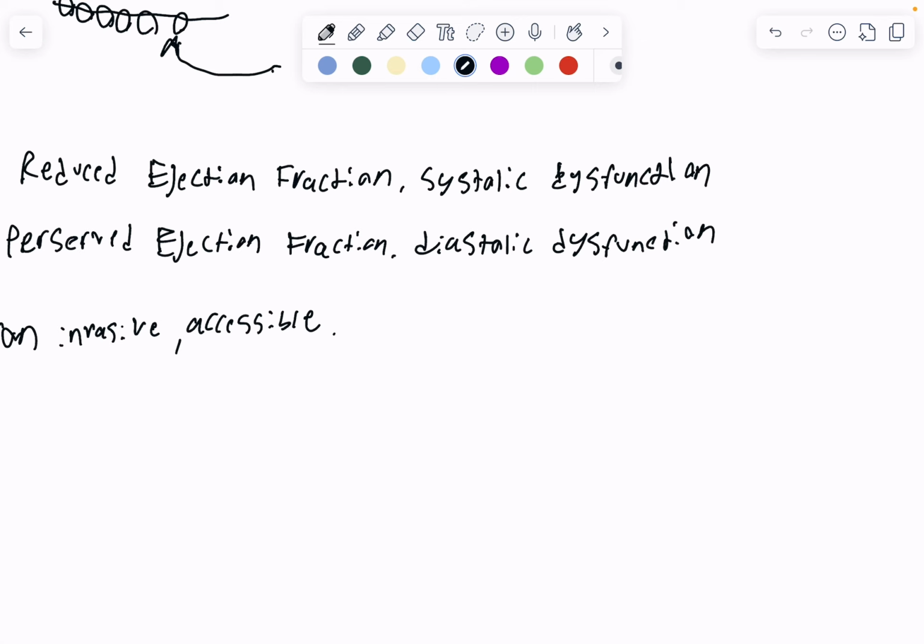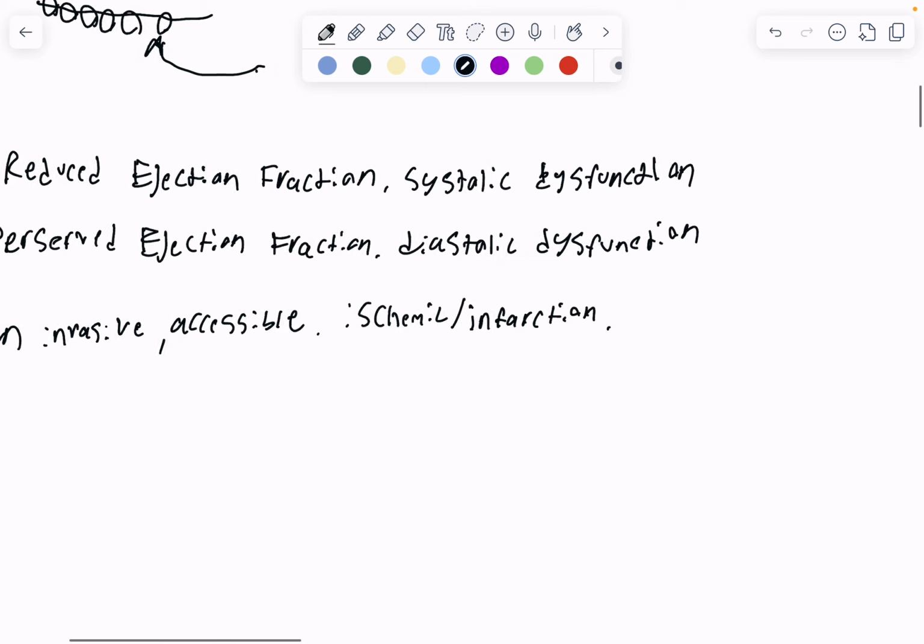It'll also be able to indicate ischemia or infarction, as well as ventricular size and wall thickness.